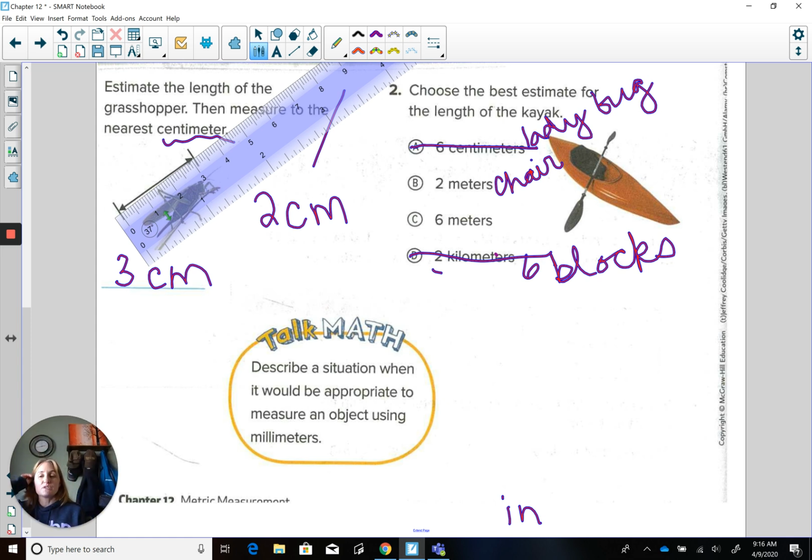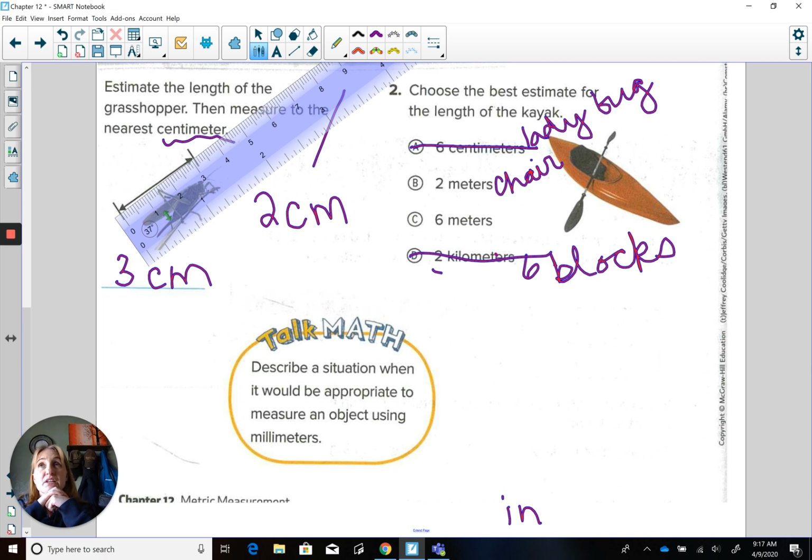Would it be more reasonable to have 2 chairs laying down side by side or 6 chairs side by side? Think about which one you could pick up, put onto your vehicle, haul to the lake or the river, pull back out and get onto the water.